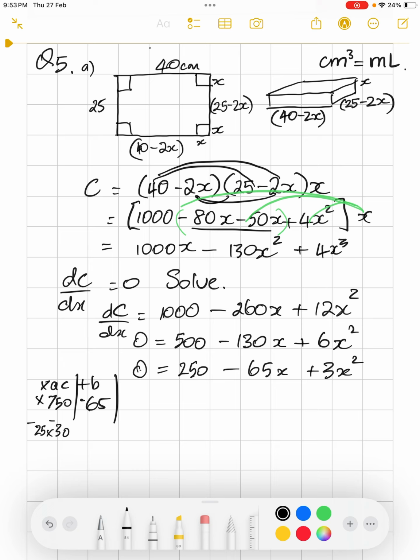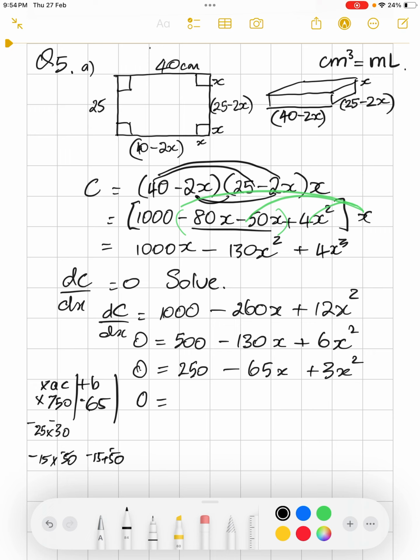Let's see what else we've got, 750. Calculator. 750 divided by something smaller than 25, let's say 15. There it is, negative 15 and negative 50.